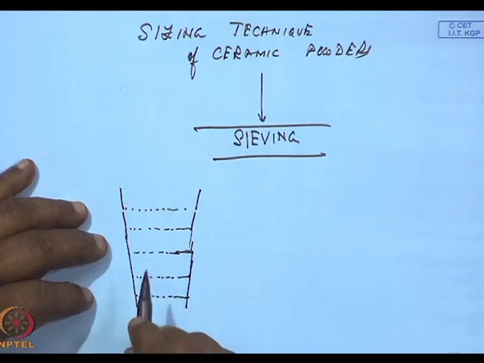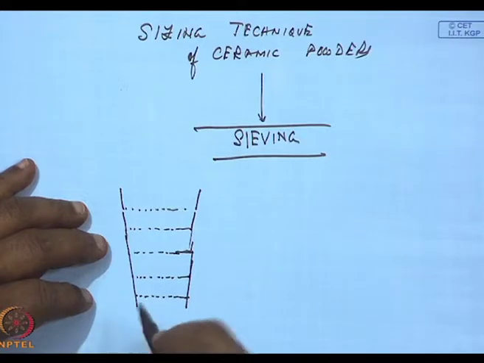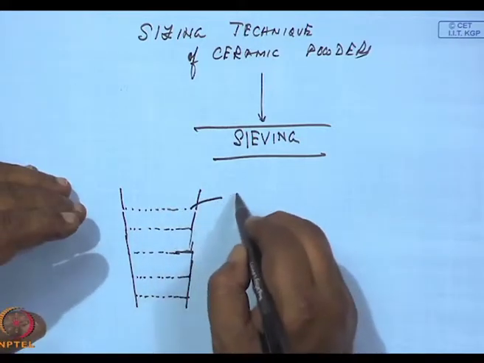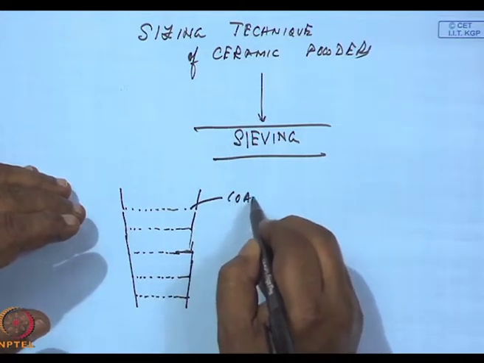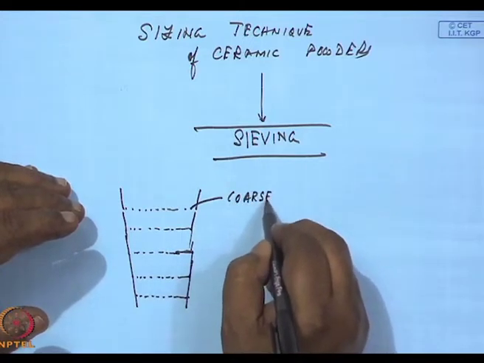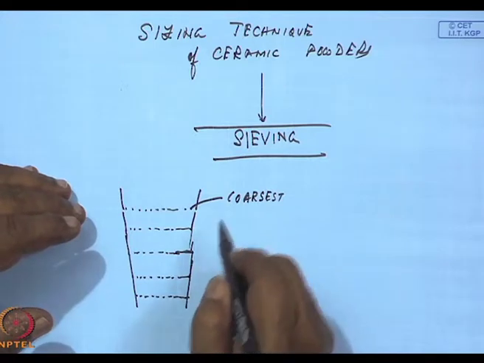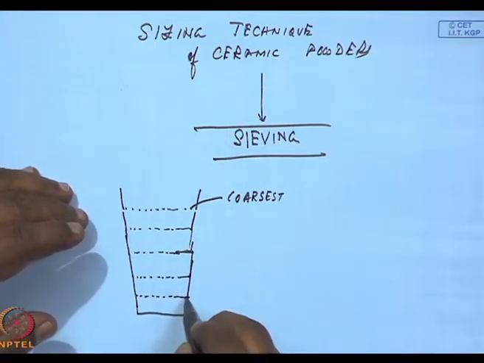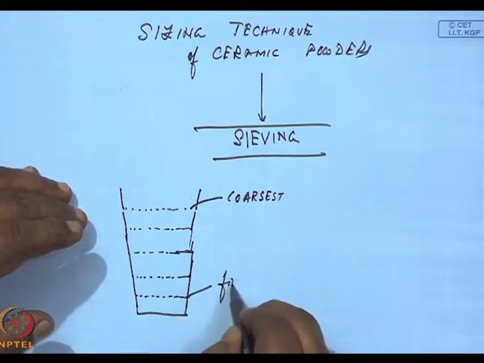Now, this sieve is the coarsest, while the sieve at the bottom is the finest.